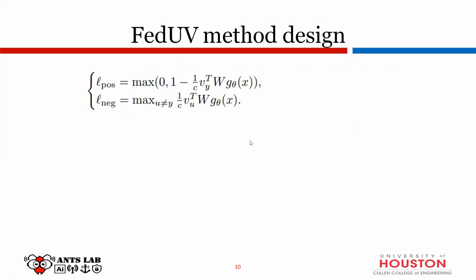First, we will talk about how, as they claim in this paper, they define the positive and negative loss terms as follows. The positive loss is the maximum of 0 and 1 minus the right side of this. As you can see, the one on the right side means the secret embedding of what we just mentioned.